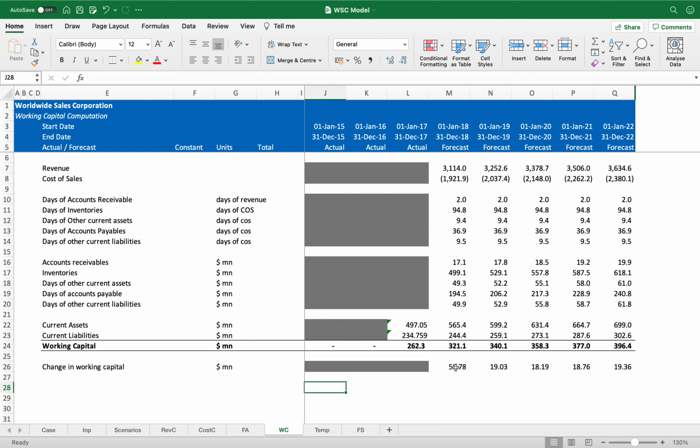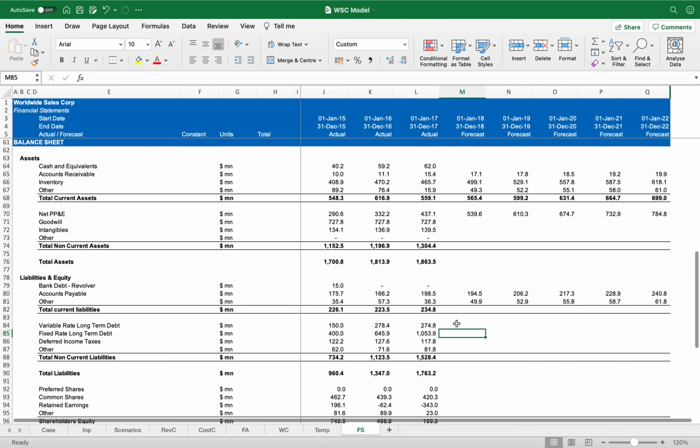Now, to link this change in working capital to your cash flow statement, will it be a positive sign? Will it be a negative sign? It will be a negative sign. Why? Because we have discussed earlier that whenever there is an increase in working capital, I take it as a cash outflow, right?